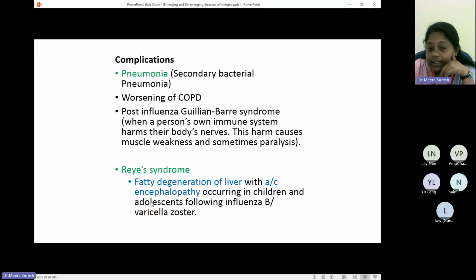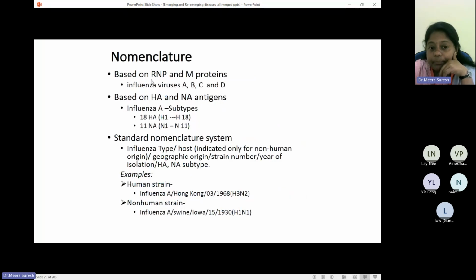So Reye's syndrome happens after influenza B infection or varicella zoster or chickenpox infection, mostly in children and adolescents. The two features we see here are involvement of the liver, where there is fatty degeneration, so related liver symptoms, and also acute encephalopathy, so encephalitis related symptoms also will be there. So these are the complications possible in case of influenza.